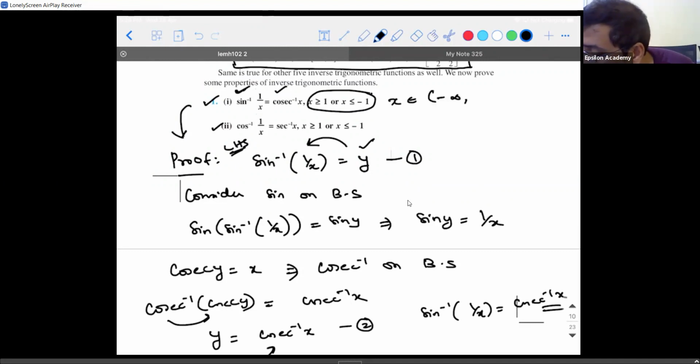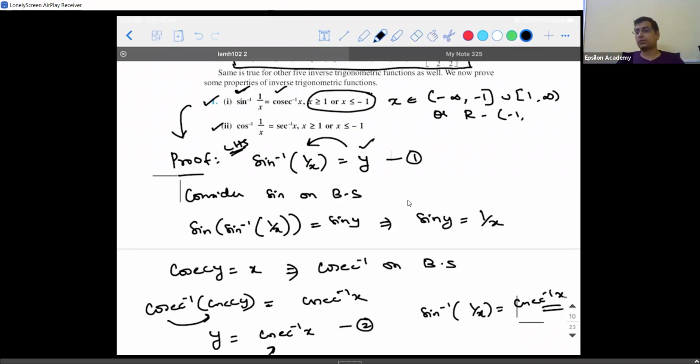So they're writing minus infinity to -1 union 1 to infinity, or the other way to write it is real numbers except -1 to 1. They both mean the same. This is what we wrote yesterday. Guys, are you confident, did you understand?